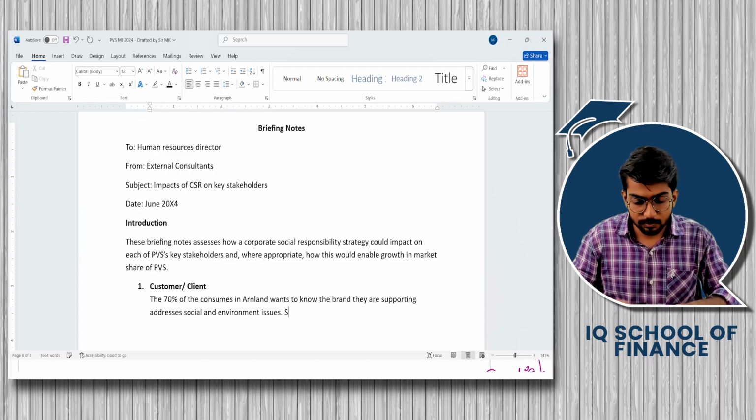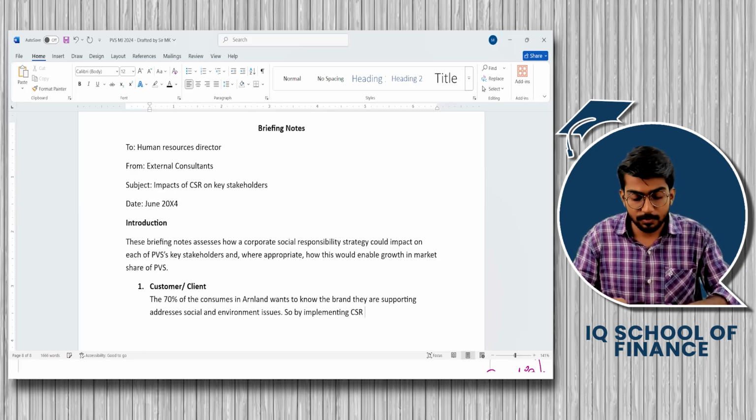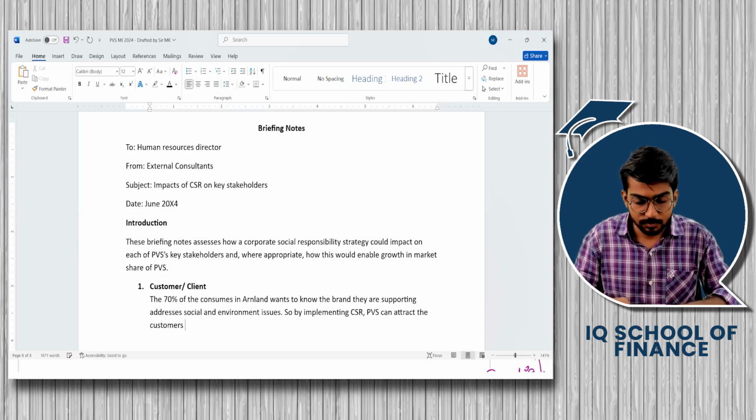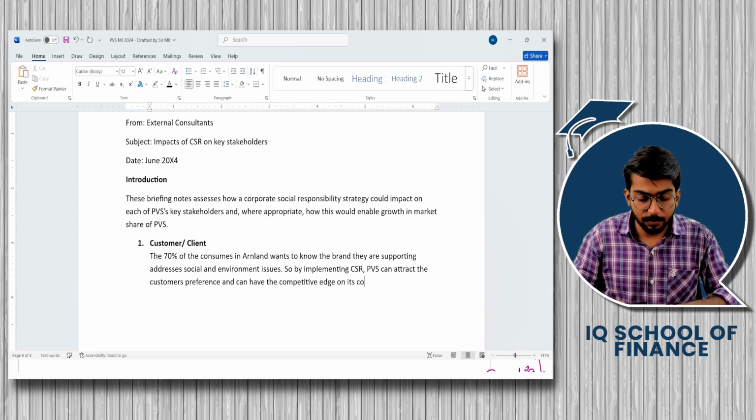So by implementing CSR, PVS can attract the customer preference and can have the competitive edge on its competitor in the eyes of customers.